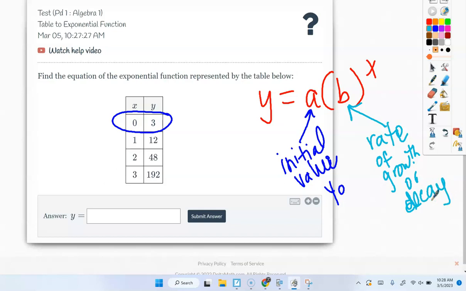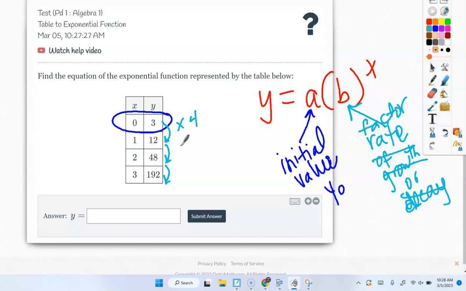Now remember, this pattern might be constantly the same, but this is not called a constant rate of change. With an exponential function, you are either multiplying or dividing, and we call dividing patterns multiplying by a fraction. So these are factors. Sometimes they call this the growth factor.